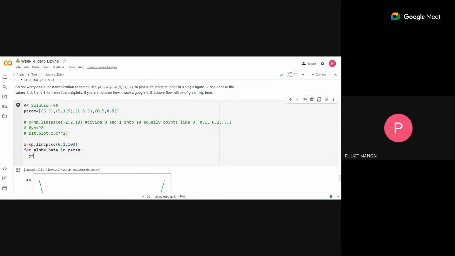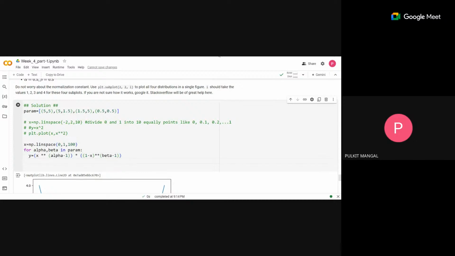Here it is x, so it would be x power alpha minus 1, into 1 minus x power beta minus 1. I hope it is clear, and all you need to do now is plot.